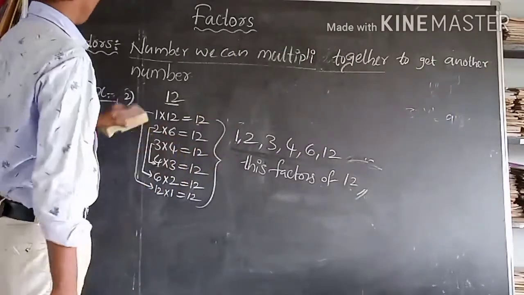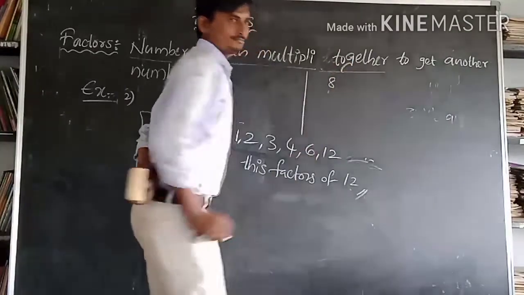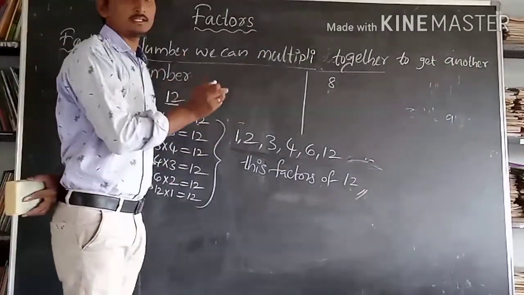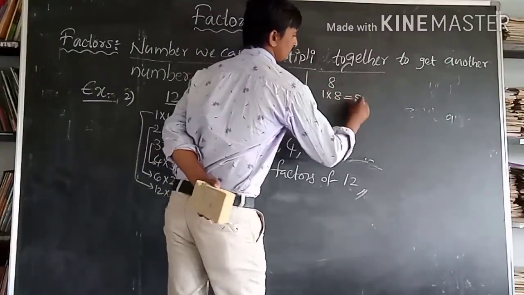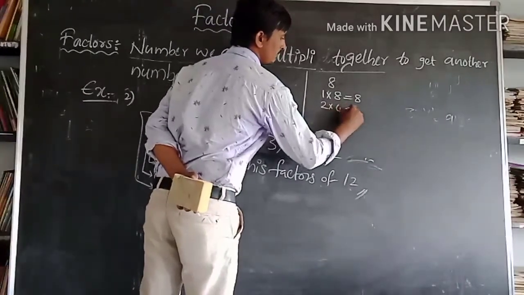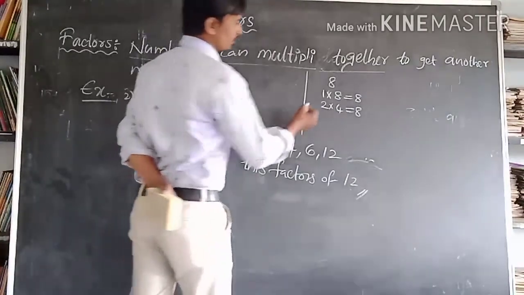We'll take one more example so we can understand very clearly. For example, take 8. 8 is one number. Now find out how many factors will come in 8. 1 multiplied by 8 is 8, you know already, and 2 multiplied by 4 is 8. Will one more come? No chance.